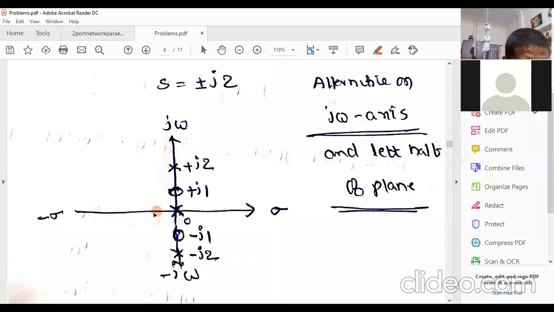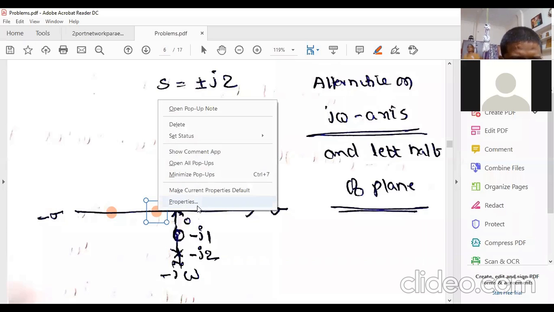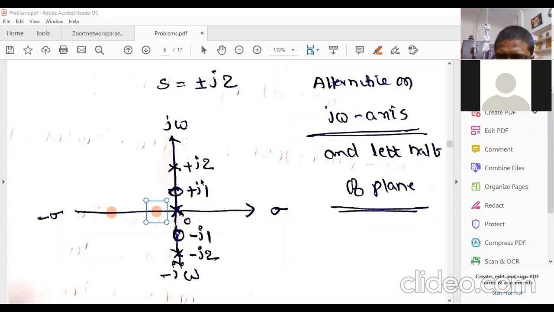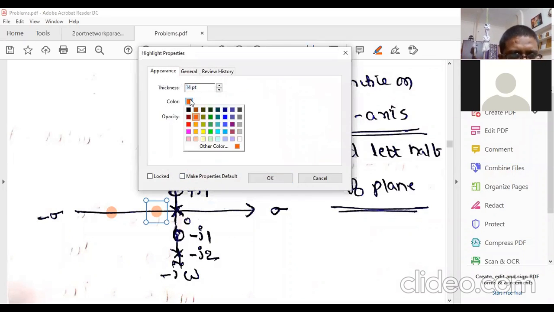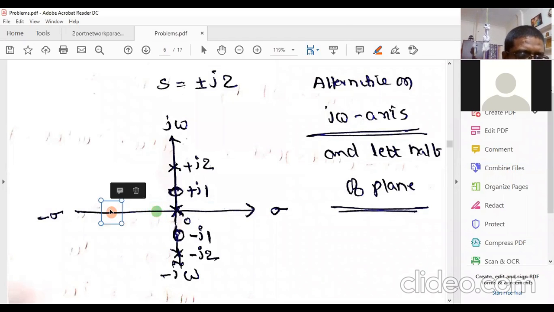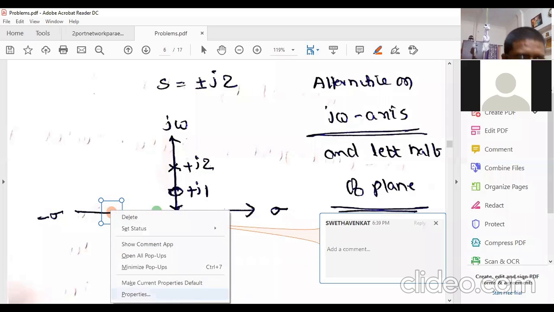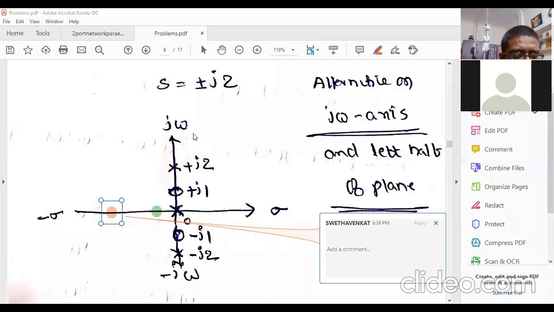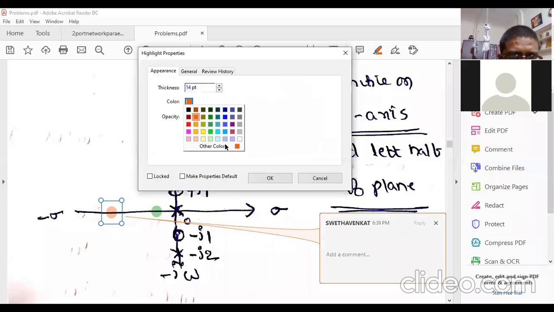And minus 3 is somewhere here, after minus 2. I'm taking minus 3. So these two are the zeros. Just for understanding, I have marked the zeros with the green color.